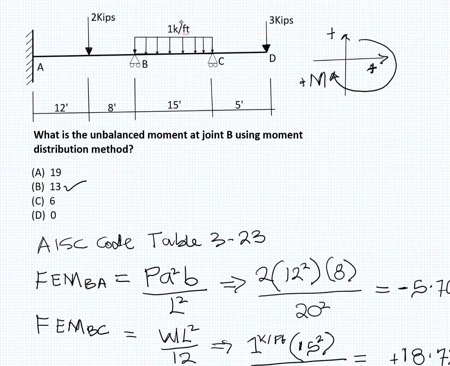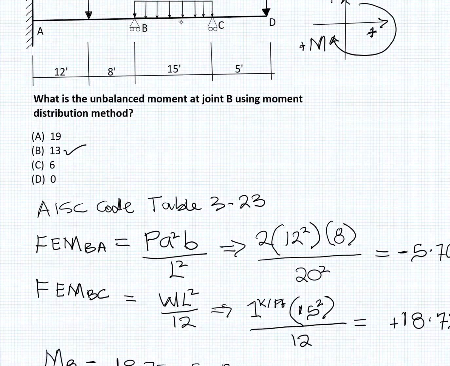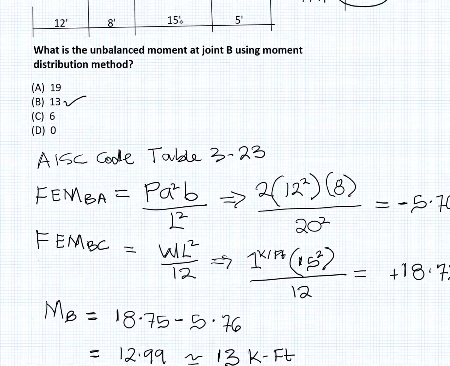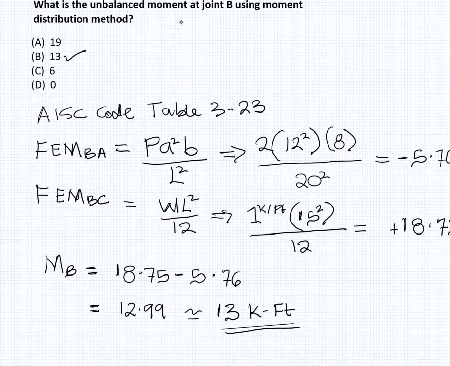Subsequently, we'll go further to look for the unbalanced moment at point A and point C, and with that we can use the distribution method to solve for the moment along AB and BC, and even at CD. But that will be for a later video.